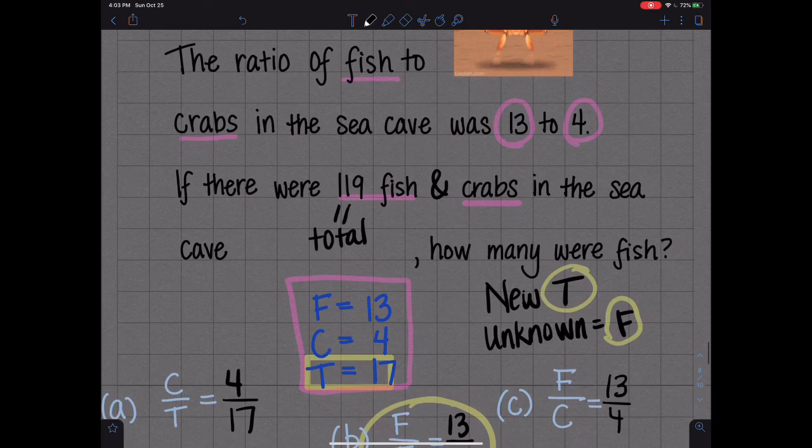So it says the ratio of fish to crabs in the sea was 13 to 4. Now there's a new total of 119 fish and crabs. That's the part that I messed up before. It's fish and crabs is the new total. And then it says how many are fish.